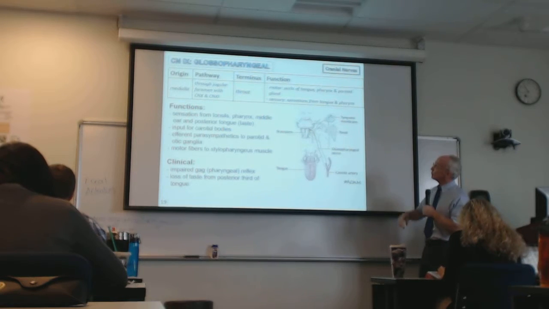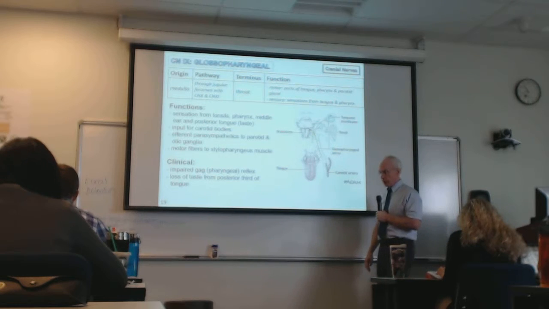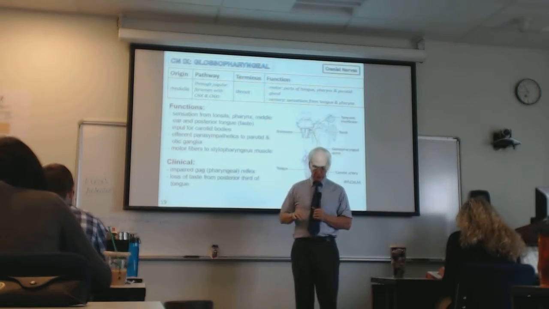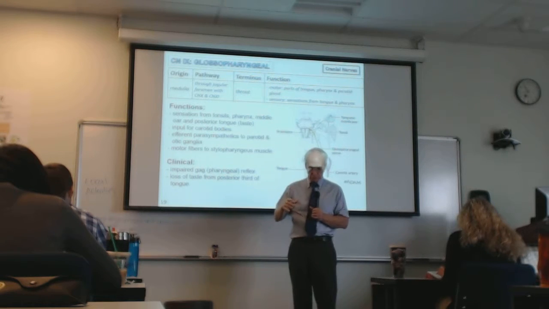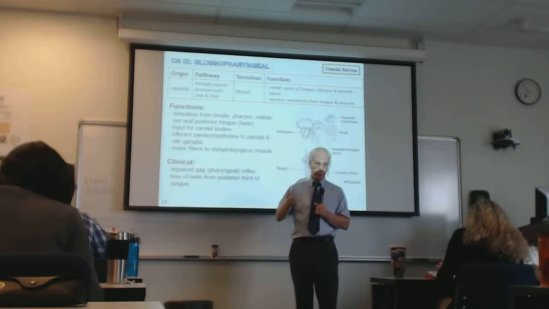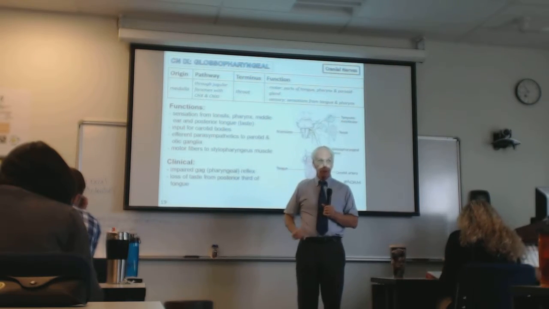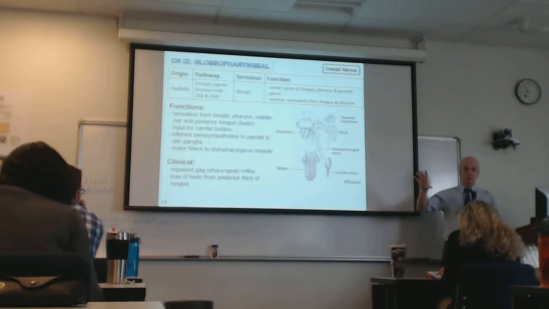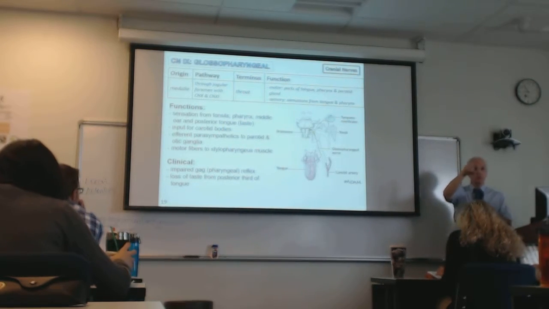The sensory sensations from a portion of the tongue. Remember, your tongue affords both somatic sensations, feelings of touch, temperature, and pain, and so on. But in addition to that, it has taste sensation, and those pathways are entirely different. And again, you don't need to worry about that for this test, but it will come. You will need to know them for the next test.